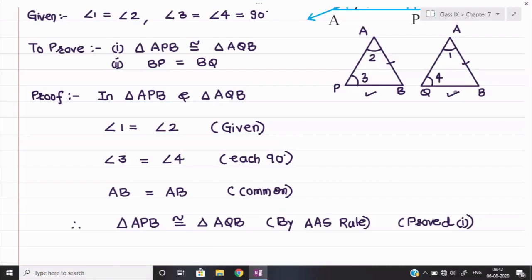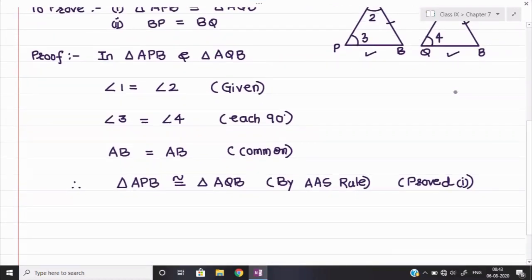And I have told you the reason for this. The reason we shall write down is CPCT, corresponding parts of congruent triangles. Okay, so write down also, we shall write down further, BP is equal to BQ.